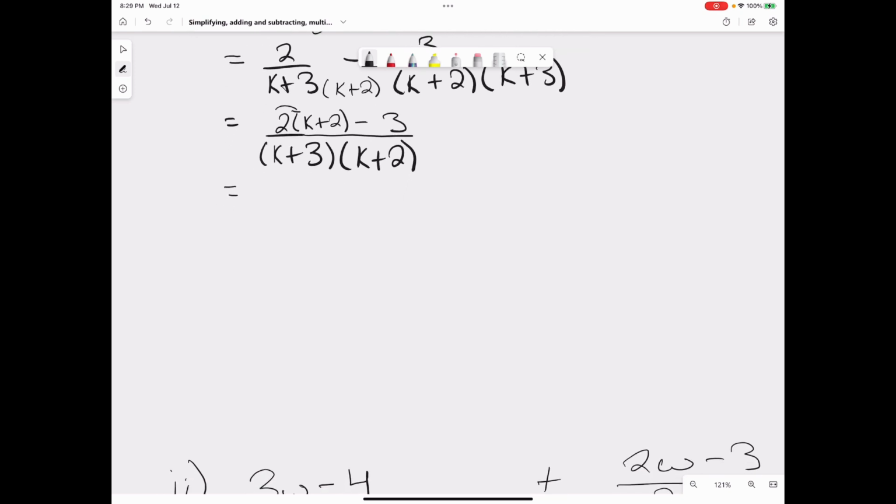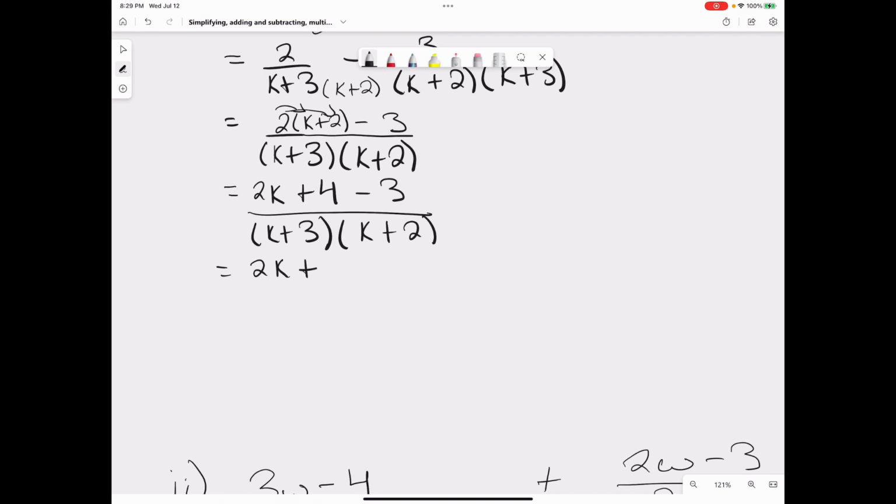So we're going to do 2 times k and 2 times 2, which is 4, minus 3 over k plus 3 and k plus 2. And then we're going to simplify it even more, so that becomes 2k plus 1 over k plus 3 times k plus 2.